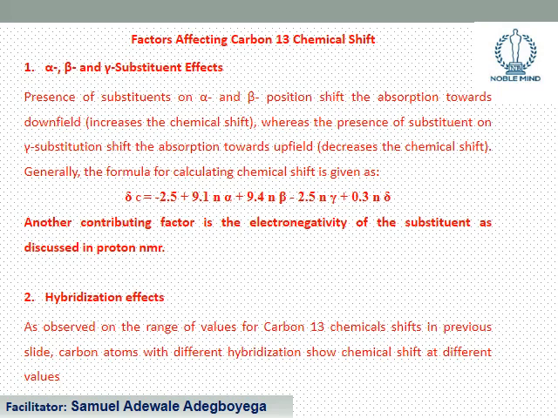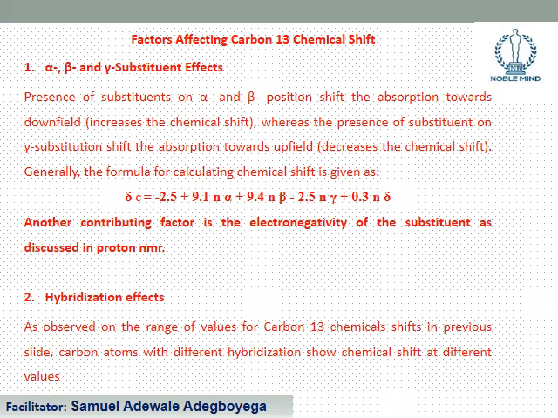The one that you could call number 4 becomes gamma, and the likes. So we have another factor that may contribute to chemical shift, which is the electronegativity of the substituent, the type of substituent that is present. That has been discussed in proton NMR, so we may refer to that.